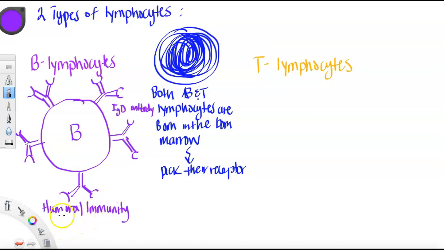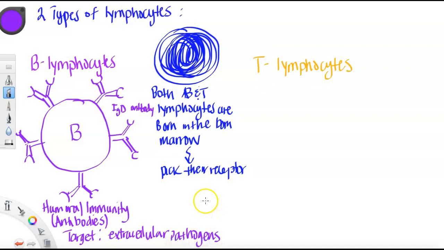So basically, B cells make antibodies that will travel through the fluids, through the blood, looking for pathogens, their antigen. The target for humoral immunity is extracellular pathogens. So these are pathogens that can just float around the body, like bacterias. Okay.